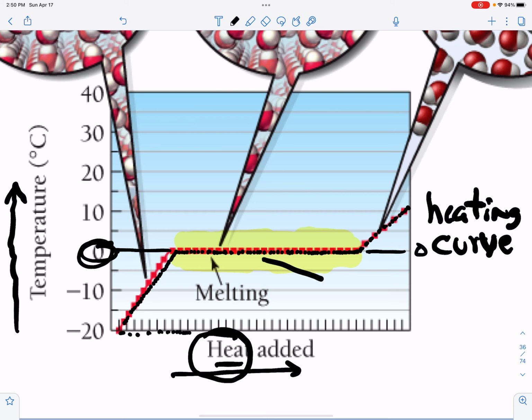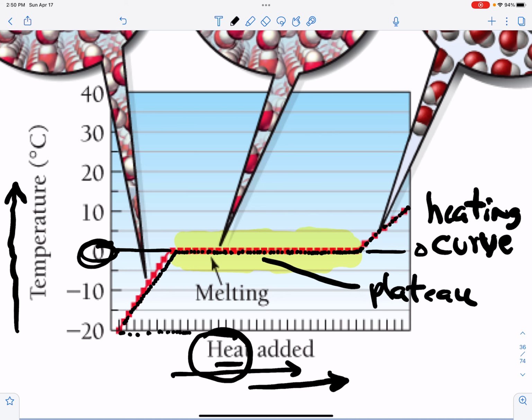We call this part a plateau, which is a place where the temperature doesn't change. We're still adding heat, but the temperature is not increasing because it's all going into the molecules, so the molecules can move. Nothing is going to the thermometer, so we don't see the thermometer temperature changing.